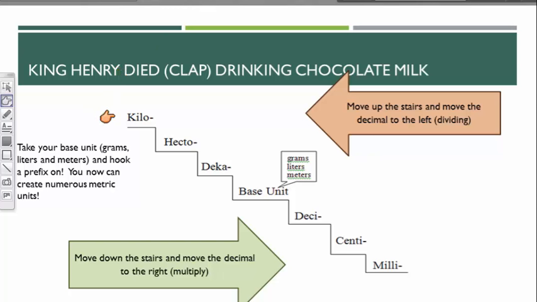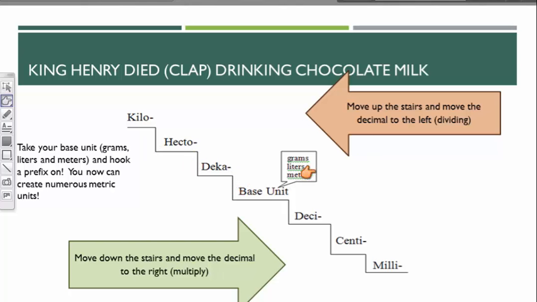What we have here is our prefixes, and it's in a stair-step method. Now, you don't have to put it in a stair-step. You could just list all of these in order from left to right and just make sure you put kilo to the left. So my prefixes are kilo, hecto, deca, then I have my base unit. Other prefixes are deci, centi, milli.